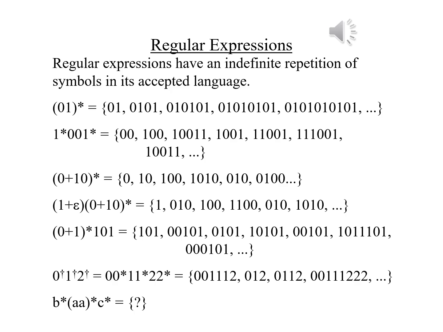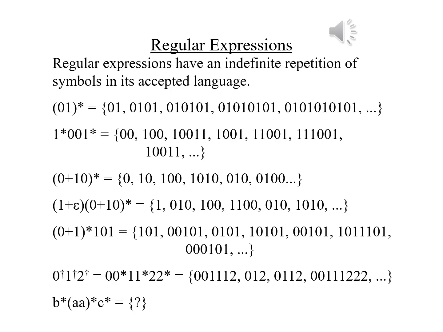And you can see an example here. Epsilon stands for the empty string, meaning nothing, literally. I also have 1 plus 0, all in parentheses, followed by an asterisk, and then a 1, 0, 1. So I can have any binary value I want as long as it is finished with 1, 0, 1.